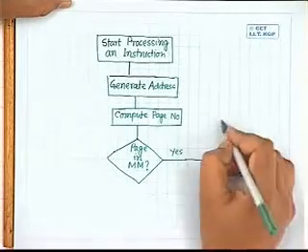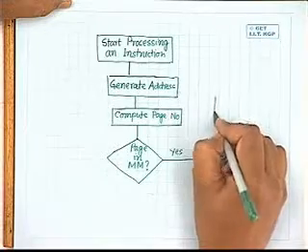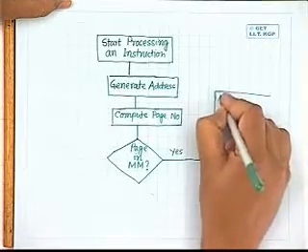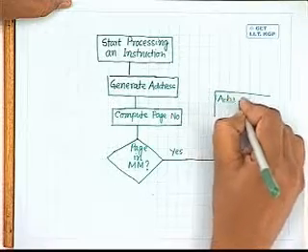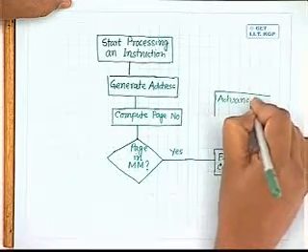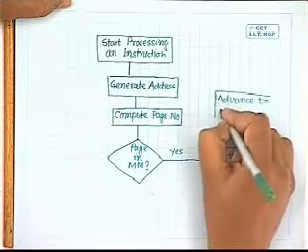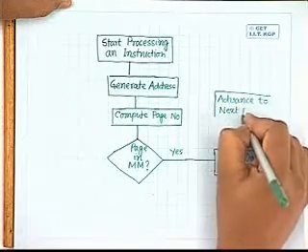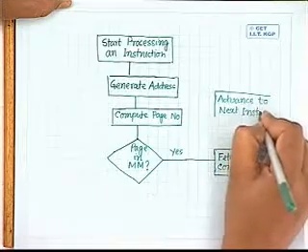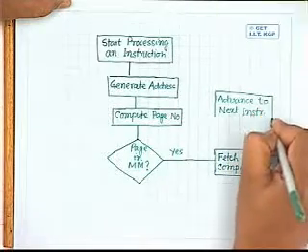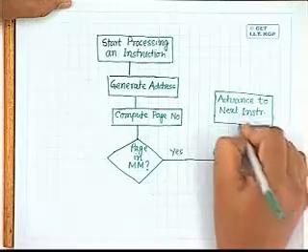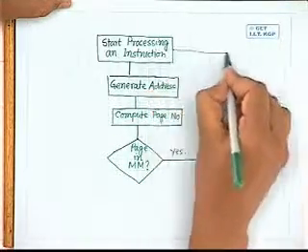Then after this instruction is computed, the CPU advances to the next instruction, and the process continues.